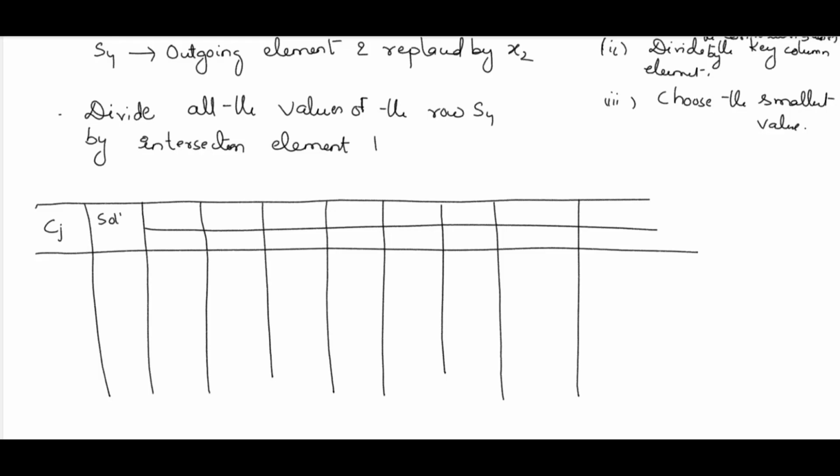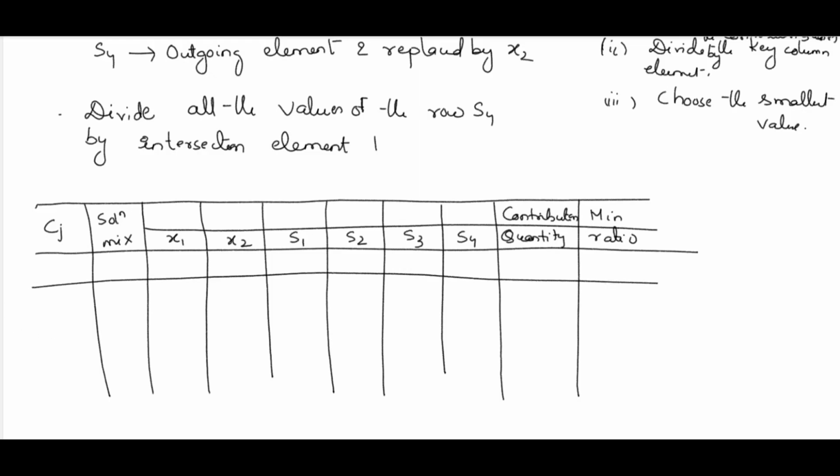Cj, solution mixture, x1, x2, s1, s2, s3, s4, contribution, quantity, and here is your minimum ratio. Yes, now it starts. We'll make the rows.